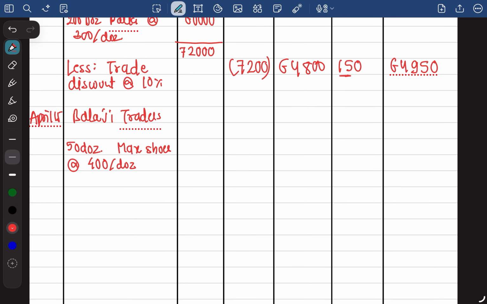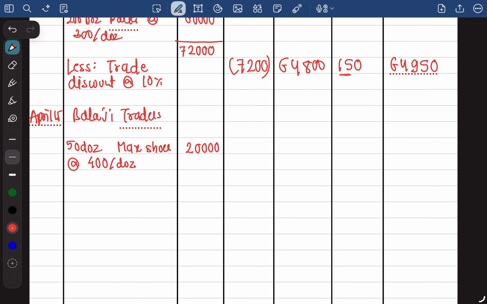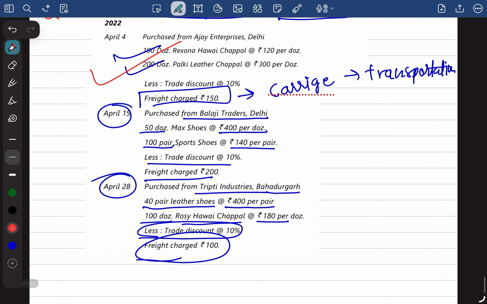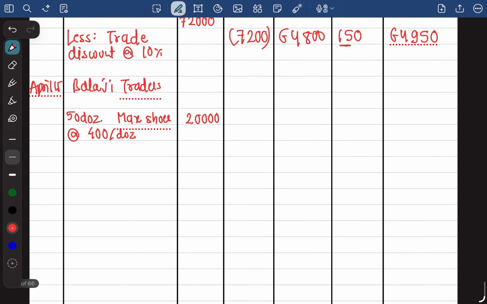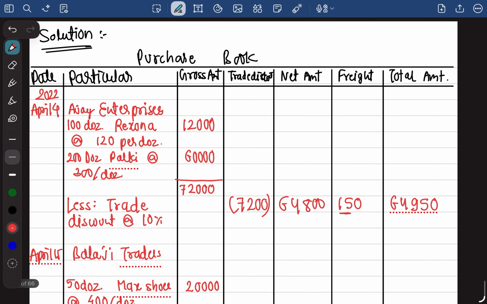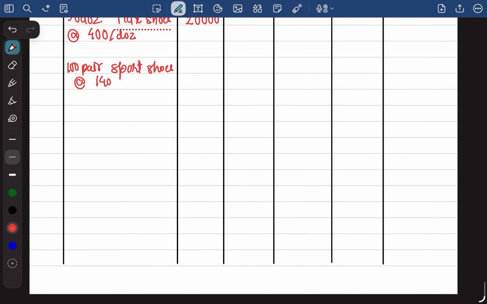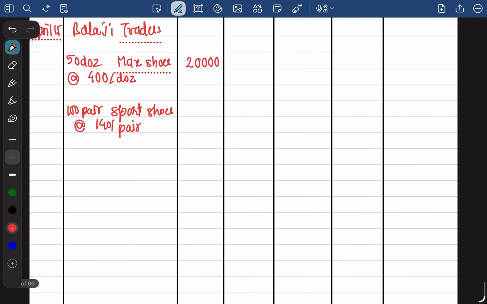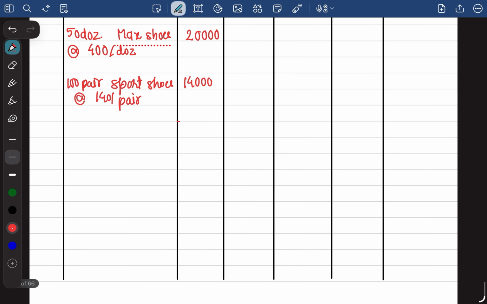The amount will be 50 multiplied by 400, 20,000 rupees. And 100 pairs of sport shoes at 140 per pair, so our amount will be 14,000. So now the total amount is 34,000.